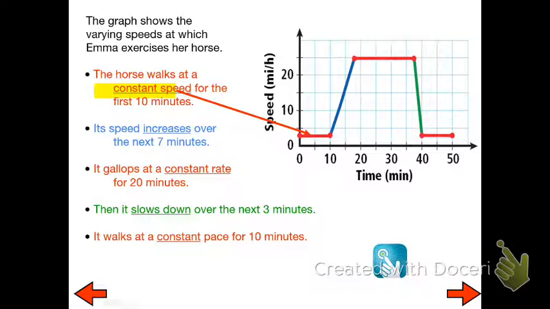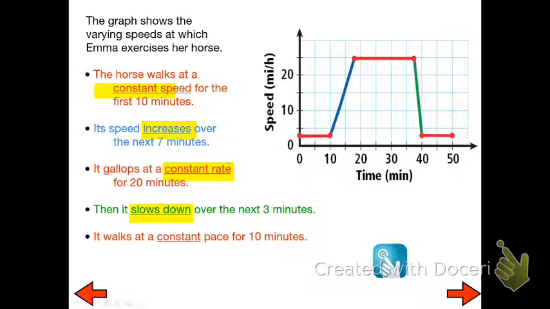Okay, then its speed increases over the next 7 minutes. So notice how it's going up, it's increasing from 10 minutes to 17 minutes. Okay, then it gallops at a constant rate for 20 minutes. So the horse is galloping at a constant rate, not speeding up, not slowing down, going the same speed for 20 minutes.